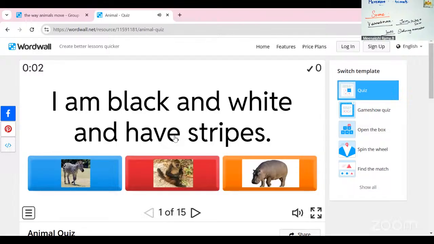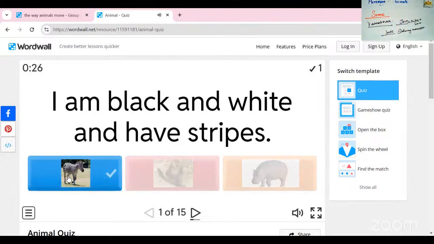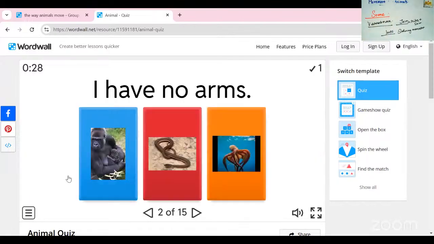Some questions on different kinds of animals. We want to choose the right answer for each question. I am black and white and have stripes. Which one? Zebra. This is the right answer among three animals.